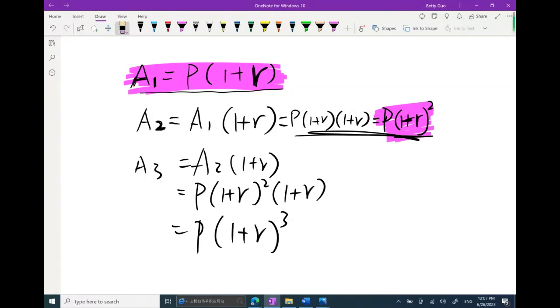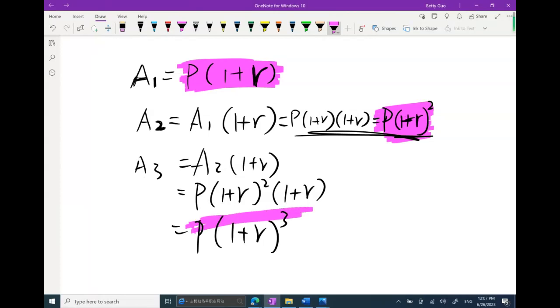I want you to see the similarity of the formula. P times 1 plus R in the parentheses is your accumulated balance in the account that pays compound interest, compounded annually. And this is how much money you have by the end of year 3. Do you see the pattern?